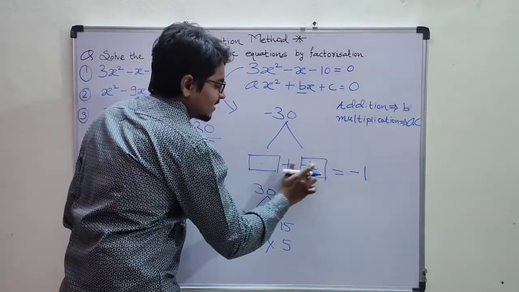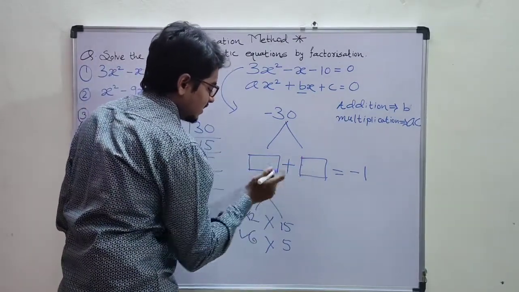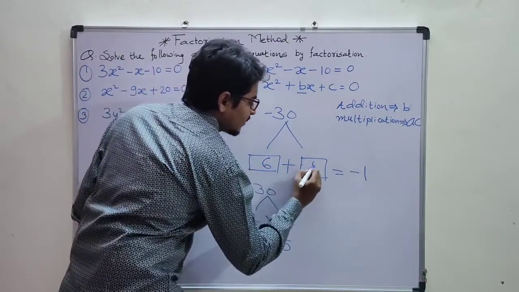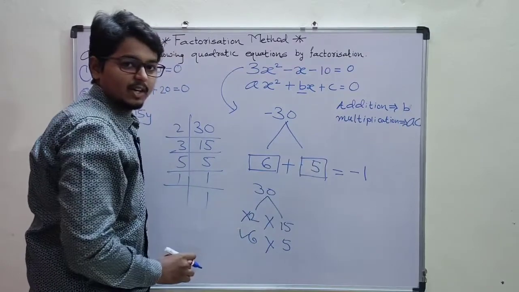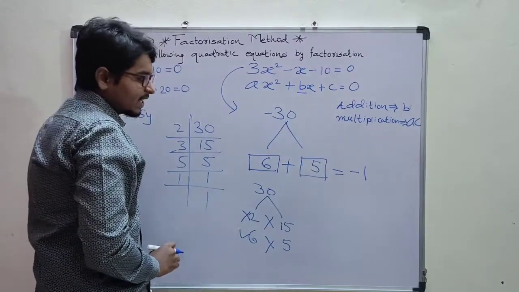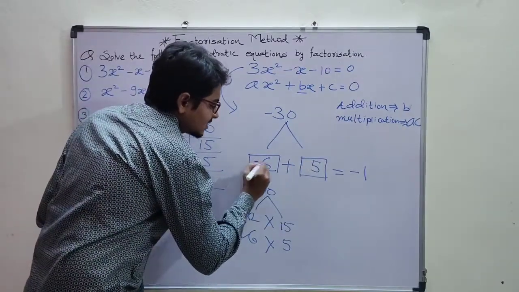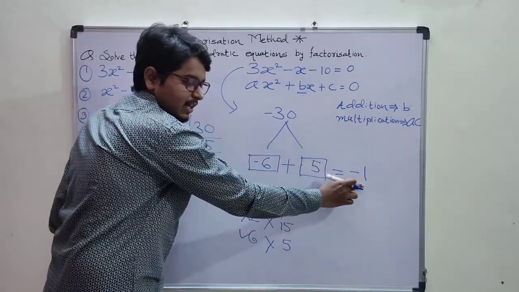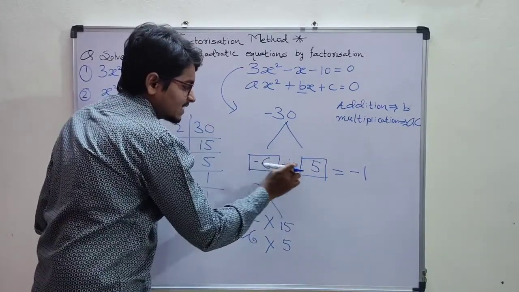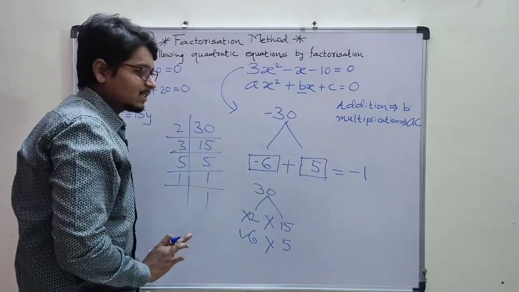So I am writing here 6 and 5, but 6 plus 5 is 11, so we take it as -6 plus 5. So their addition becomes -1 and their multiplication -6 into 5 becomes -30.